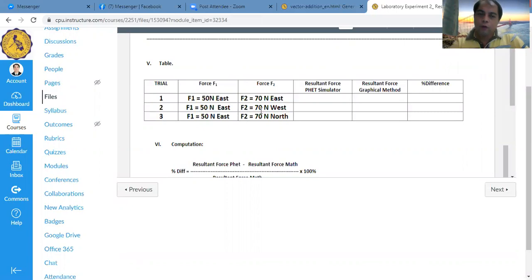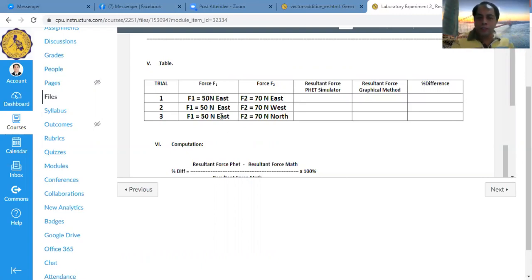The magnitudes of F1 and F2 are not changed, and what we eventually change are their directions. So for trial 1, for example, we deal with F1 going east and F2 going east. So they are going in the same direction. For trial 2, we have 2 opposite directions here, one for F1, and one for F sub 2, which is basically 70 newtons.